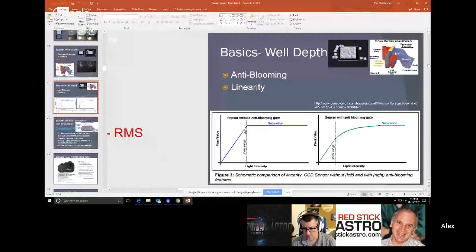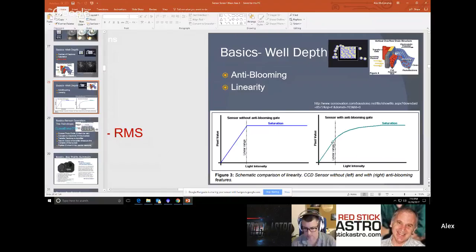Yes. When we say take flats so that it stays in the linear range, we just mean take it such that you never get up to this point here in my example. Okay, see, this is a non-linear curve because it's a curve, not a line.